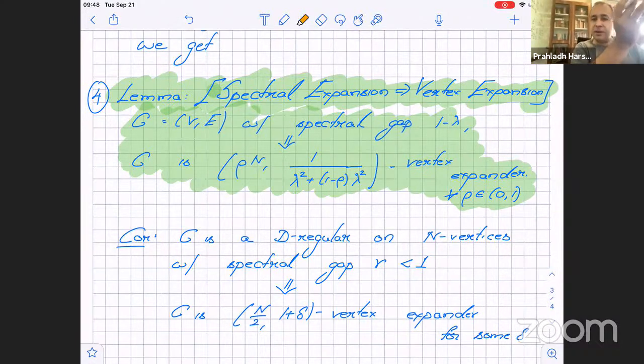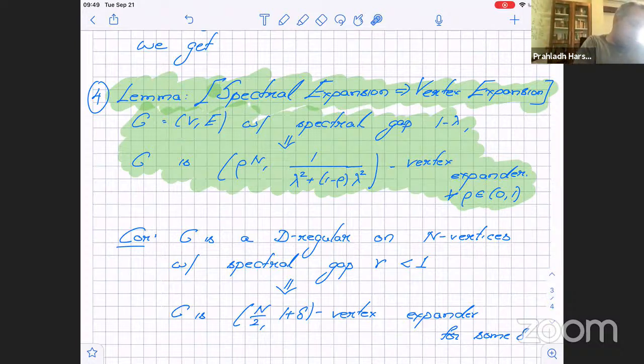Smaller sets expand better than larger sets, but as long as rho is bounded away from 1, every set expands by some factor or the other. It's not like only small sets expand. If you have spectral expansion, every set of every size expands.